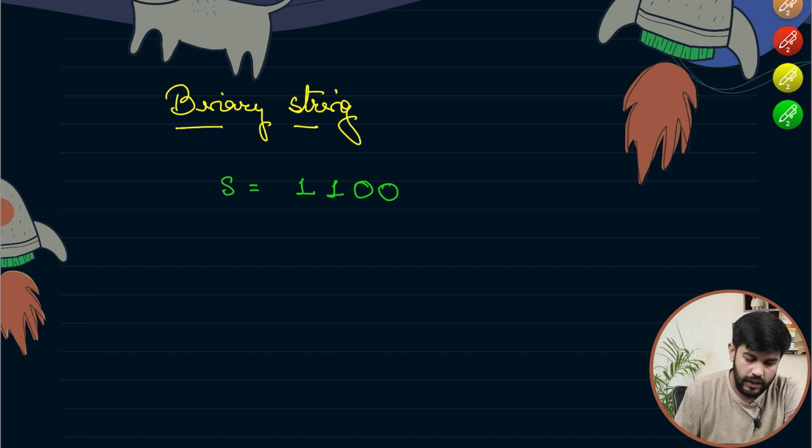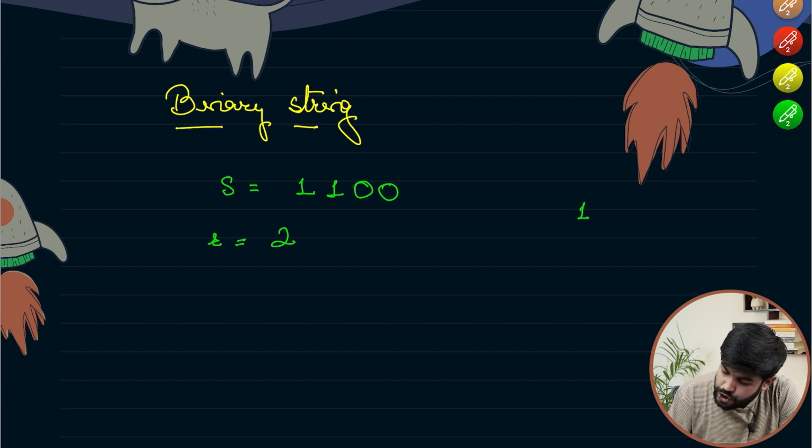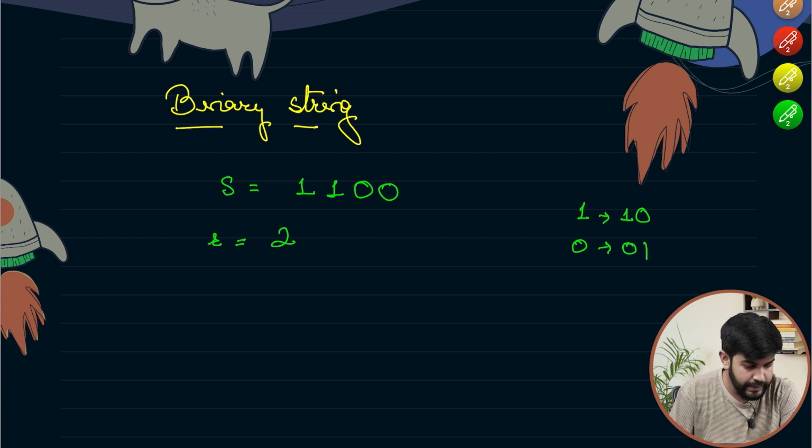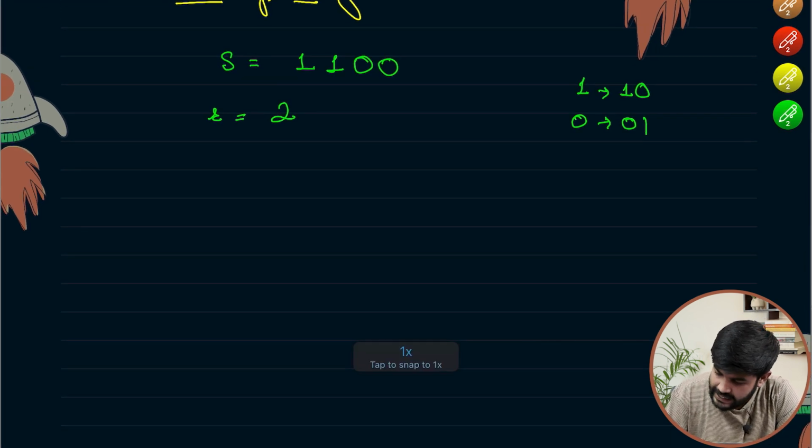Now you are told to do some operation, let's say 2 times. And what would be that operation? After the operation is done, 1 needs to be converted to 1 0 and 0 needs to be converted to 0 1. Am I correct? Yep. So you need to do this operation 2 times. Now let us try to see the answer.